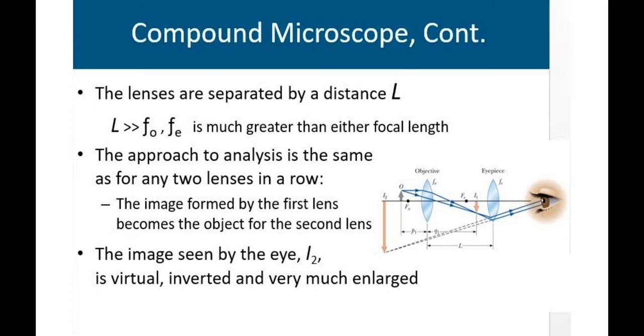Okay, so let's consider again a compound microscope. If the lenses are separated by length L, and L is much longer than the focal length of the objective lens and the focal length of the eyepiece, then we can calculate the magnification of this microscope.